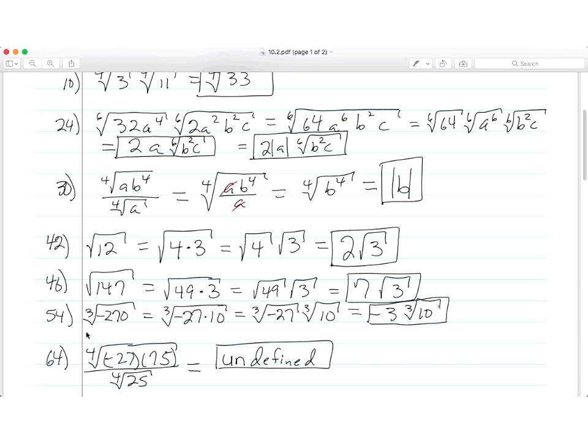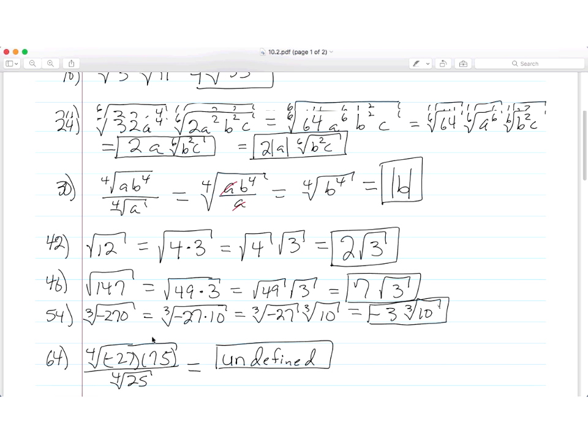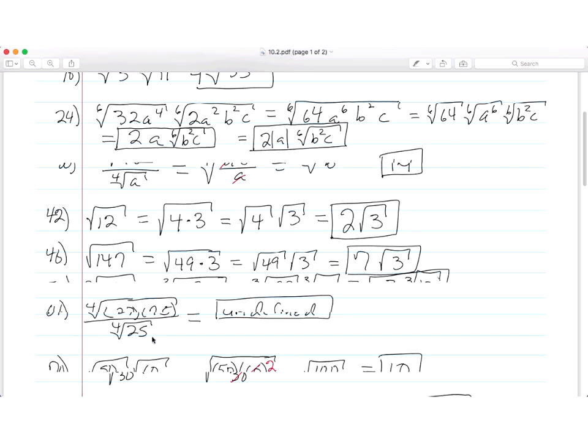Negative times positive is negative. The 4th root of a negative number is not defined. And so I have something that's undefined divided by something that is defined, which is still undefined. And so this whole quantity is not defined, and that's your answer. This is just not a defined number.